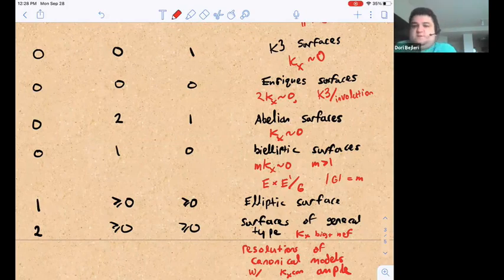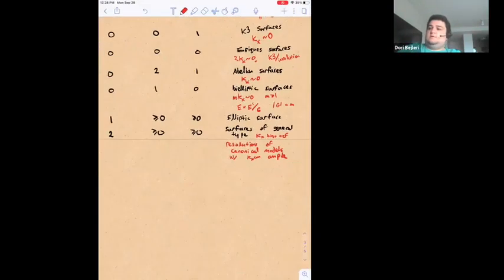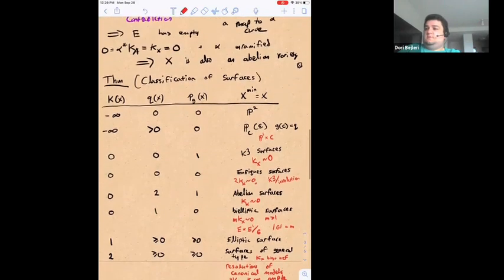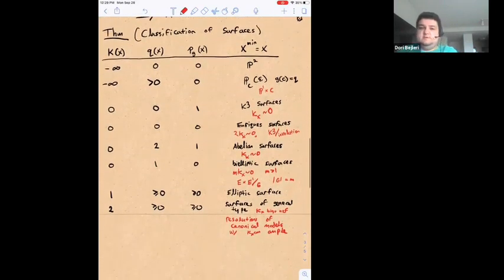Let me flip this around so we can see the full table at once. Okay, so that's the full classification of surfaces, and let me star the things that we still have to do. So for Enriques surfaces, we have to prove this. We have to prove this. And then we have to kind of justify these claims here.